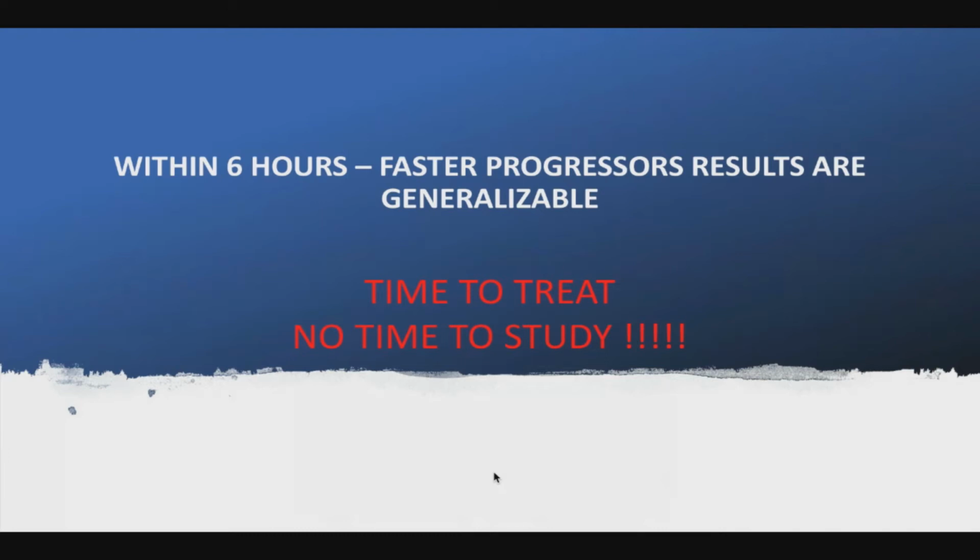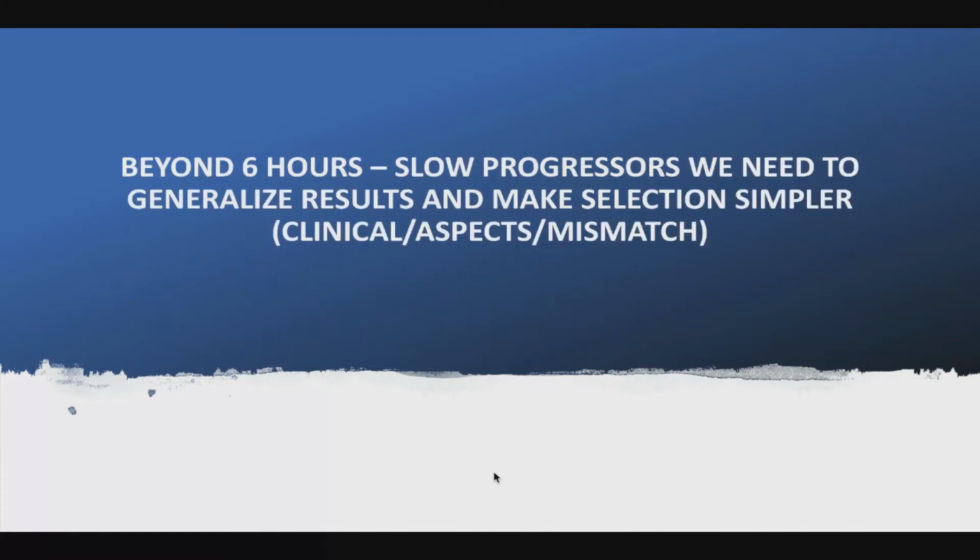So we can't waste any time with them. We have to take them right away and try to open up the vessels to limit the size of the core infarct.